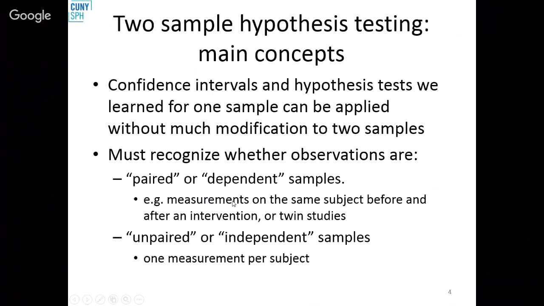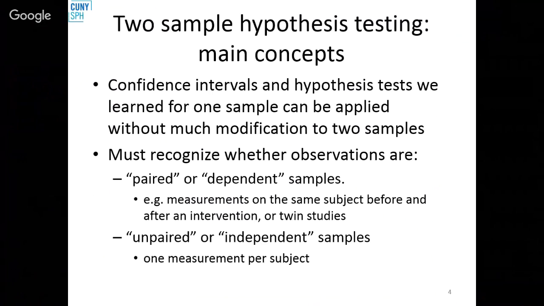I'll give you some examples and details, but in general, these samples are paired when there is some natural way where one observation in sample 1 is connected to a single observation in sample 2.